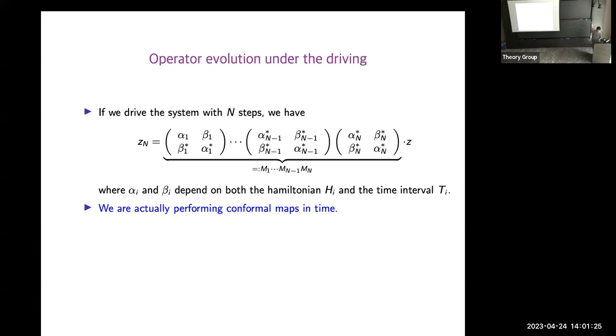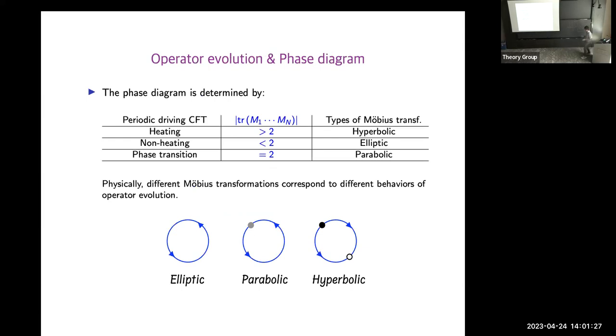Okay. Then you may want to ask, what is the phase diagram? How do we understand the phase diagram, in parallel with the swing problem, right? The phase diagram can be determined in a very, very simple way. As we drive the system with the product of n 2x2 matrices, we simply need to study the absolute value of the trace of this product of 2x2 matrices.